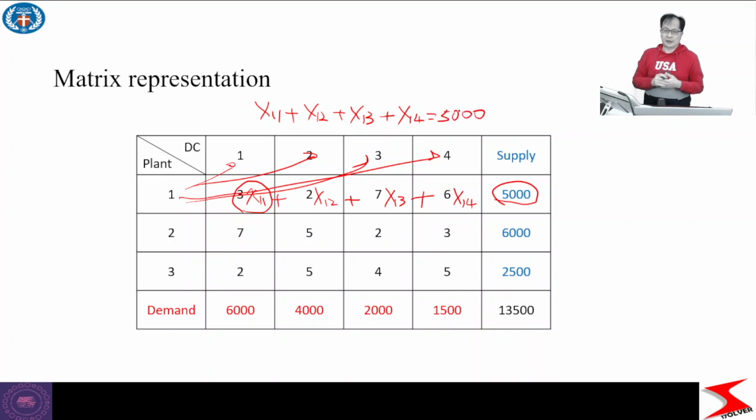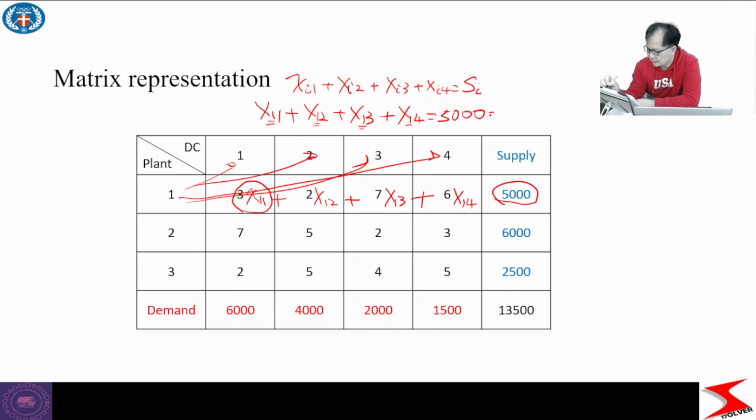Then we change the index of x to i, so it's xi1 plus xi2 plus xi3 plus xi4 equals si.